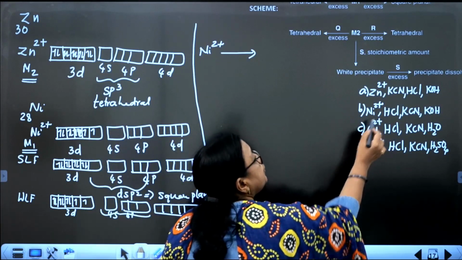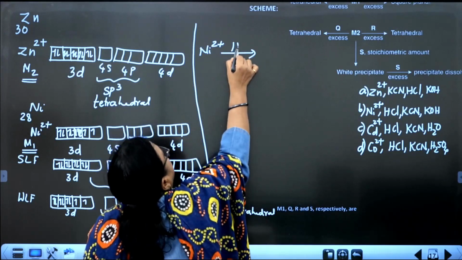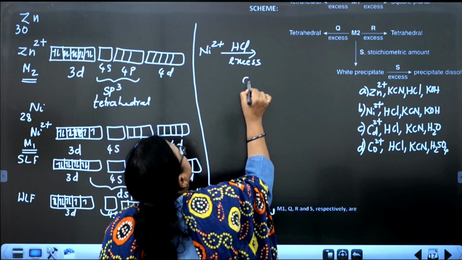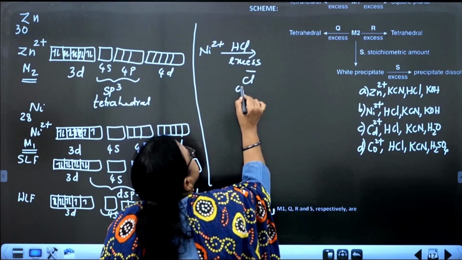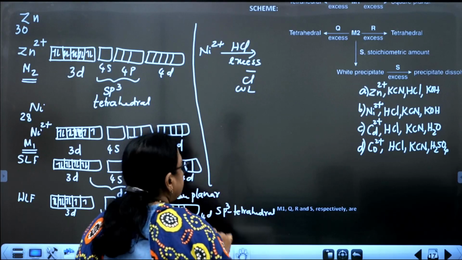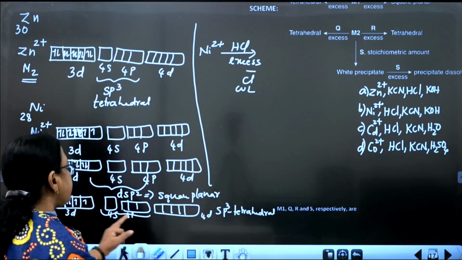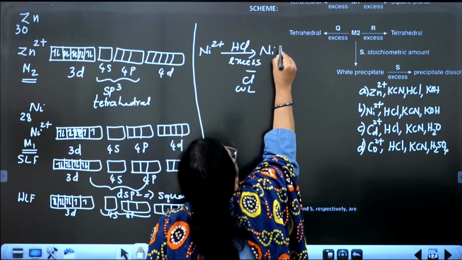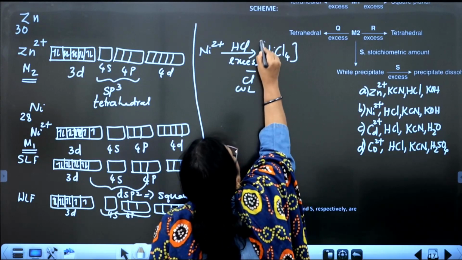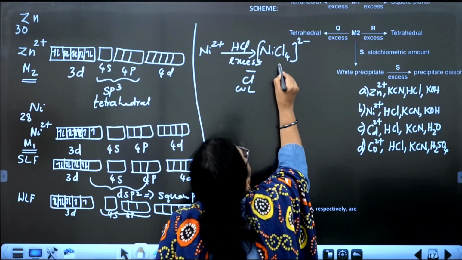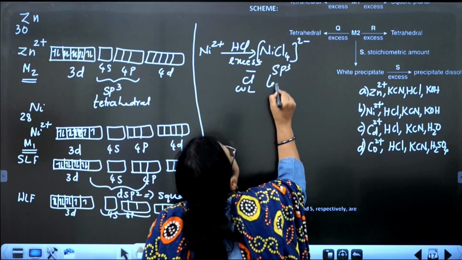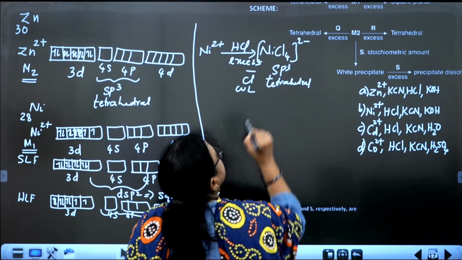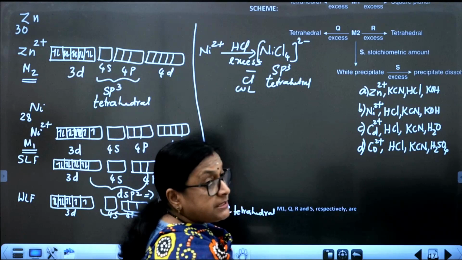So if Q is excess HCl, it provides the chloride ligand, which is a weak ligand. If it is in a weak ligand field, then sp3 tetrahedral is true. NiCl4 2 minus can be sp3 tetrahedral, true. So M1 can be nickel, Q can be HCl.